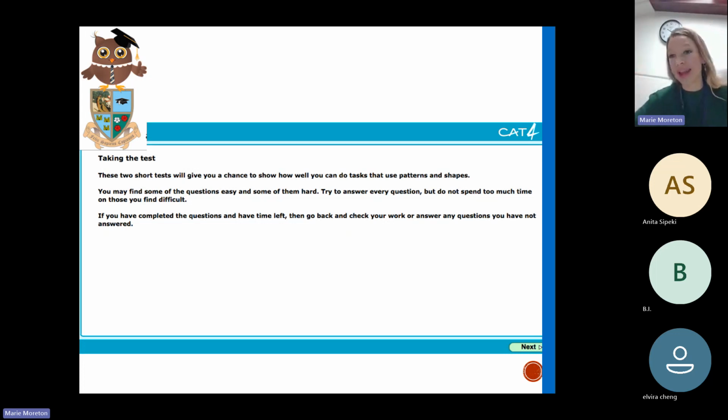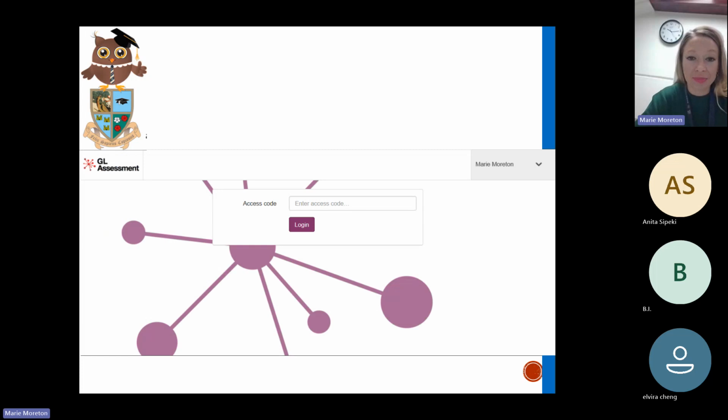They can't press end test and just finish. They have to go back and check answers. All of them finish within the time limit as well. So we don't really want them to spend too much time on anything. Just go on to the next one, and they'll have plenty of time to come back and look at something that they may find a bit harder at the end.